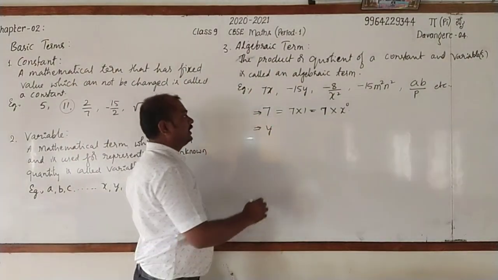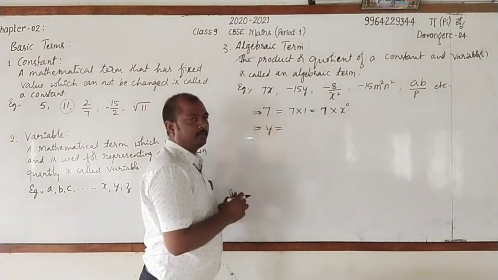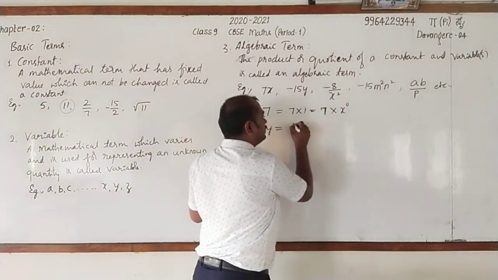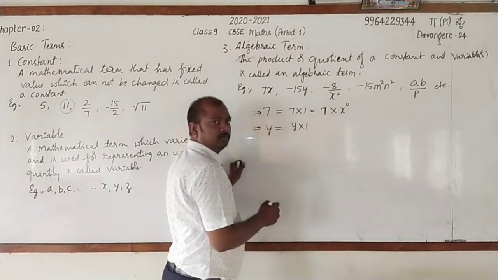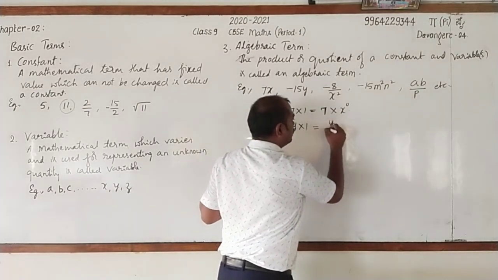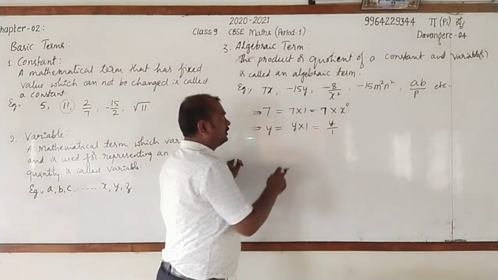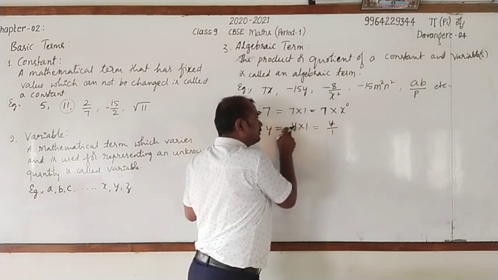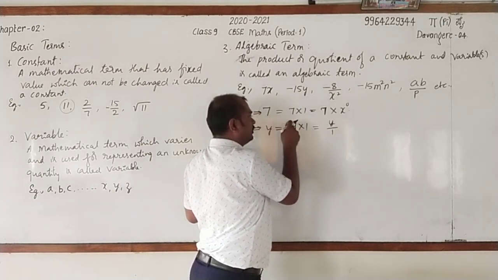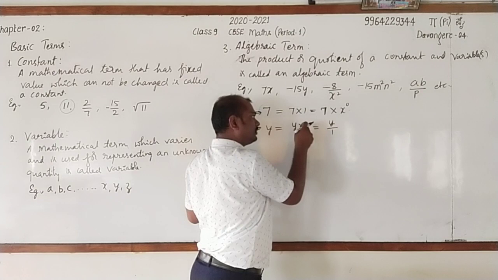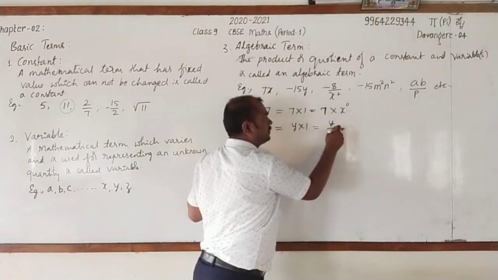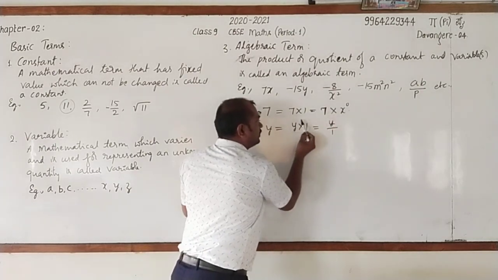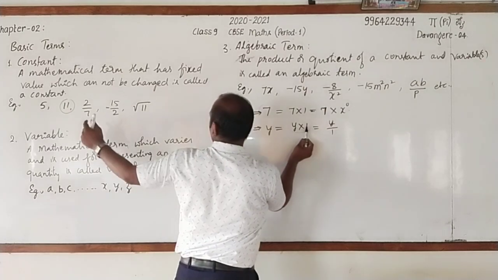Yes. Next, I have taken a variable y, and y can be written as y into 1. You can also write it as y by 1. Then see which mathematical term y is. Variable. 1 is constant. Here also variable and constant. What is the product of constant and variable?